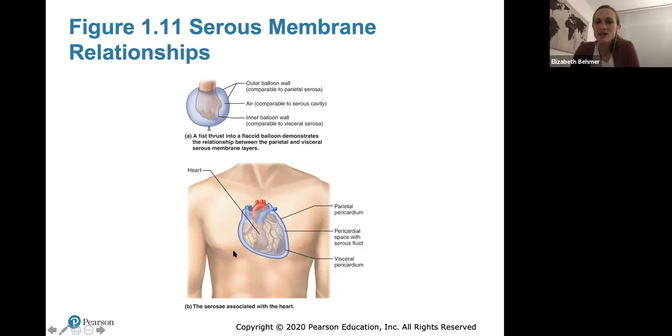The parietal serosa? The parietal serosa, so in this case, it's the parietal pericardium. The pericardium is the serosa in this case. It will line, so the cavity that your heart sits in is called the pericardial cavity. And that cavity, the inside of the cavity is lined with the parietal pericardium. Okay.